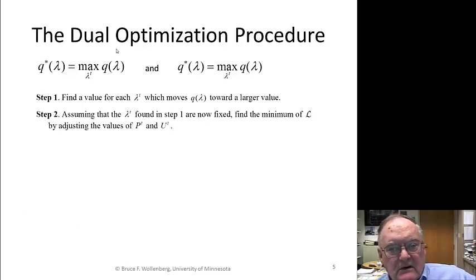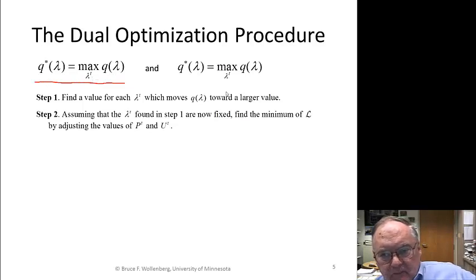This actually comes up in the appendix of chapter 3. So here is the first step, where we're maximizing the Q function over lambda, and then we find a value for each lambda t which moves Q towards a larger value, assuming that it is found.